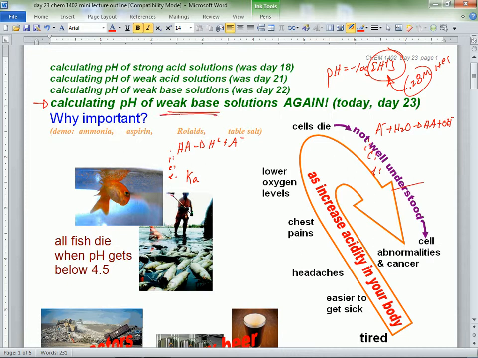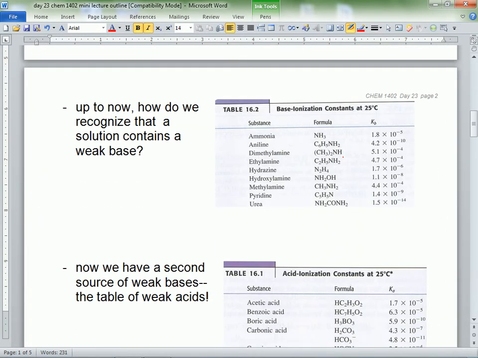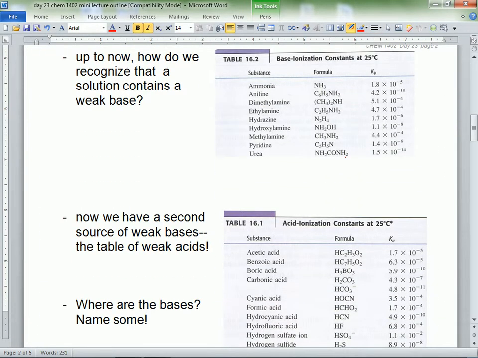Okay. So looks like today we're doing the exact same thing over again. Weak bases again. So it should be this. Something's got to be kind of complicated here. Up to now, Daisy, how did we recognize that a solution was a weak base?